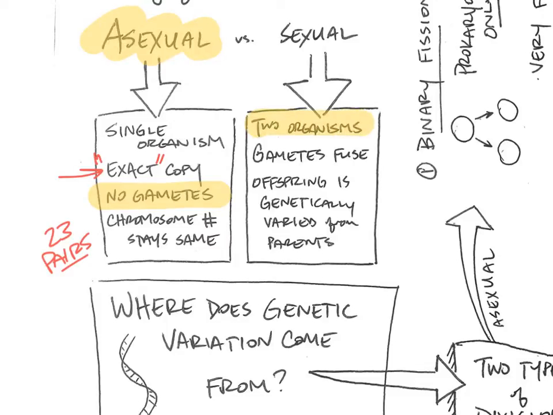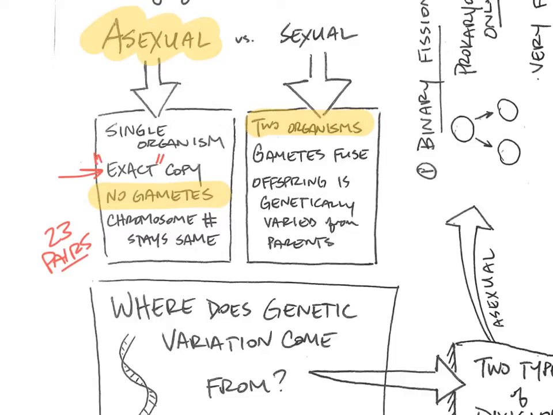two kinds of cells. In humans, we have sperm cells and egg cells. In plants, you have pollen, which is the sperm, and you have the ovum, which is the egg, essentially the ovary. And they have to come together because their chromosomes are haploid.